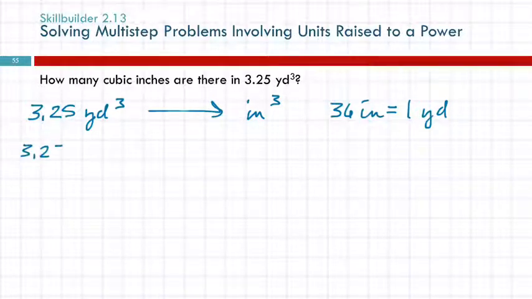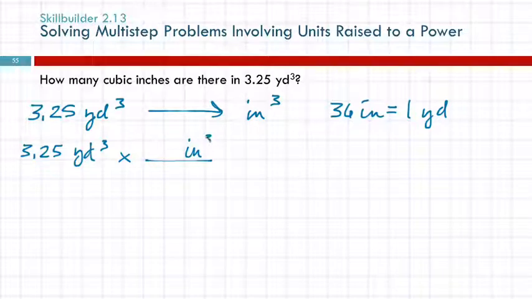So 3.25 cubic yards times, we've got one line. We want cubic inches in the numerator, cubic yards in the denominator. So those cancel out. I'm going to put these numbers into this conversion factor, but because the unit is cubed, I need to cube the numbers as well.